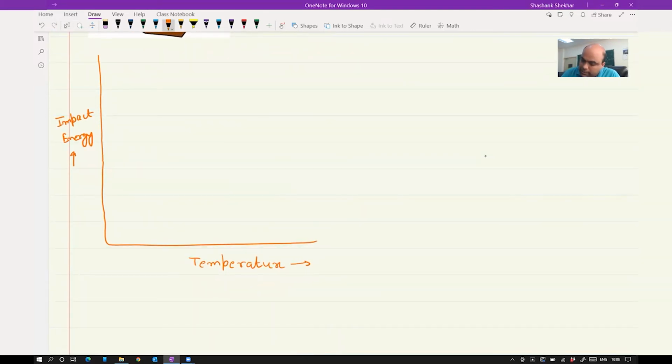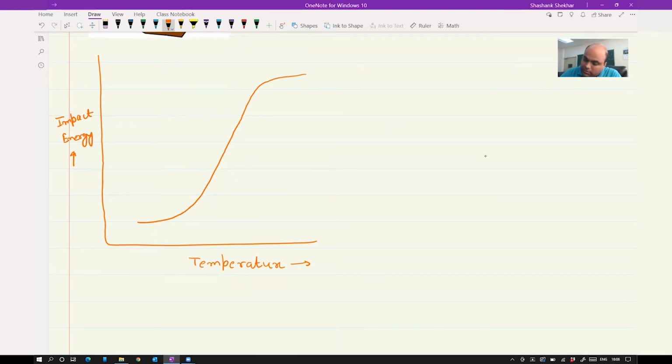So you are going to get a curve which will look something like this. Something like this. Okay, so as you decrease the temperature, your impact energy will be decreasing. That means it is going towards more brittleness, isn't it?